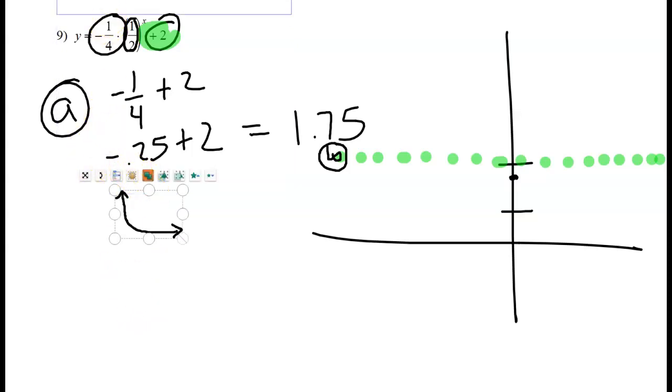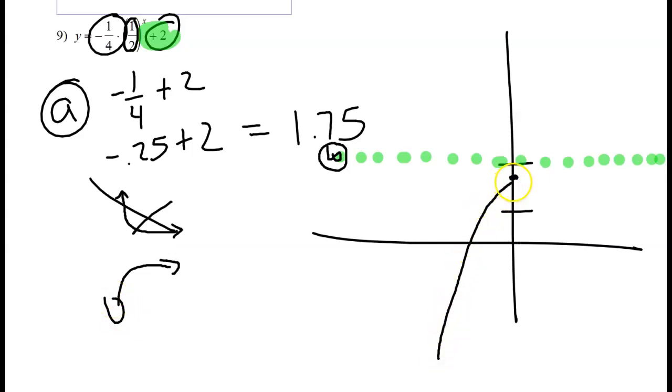If I flipped it upside down, then it would look like this, right? So that's the picture we're going to get. It's going to be going down on the left side. It's going to swing up and hit that y-intercept, and then it's going to get flat on the right side. And there it is. And that's part C.